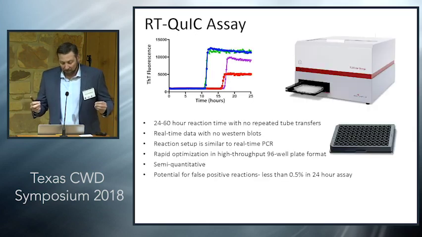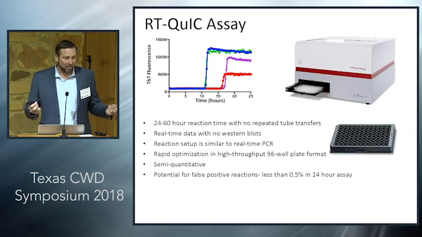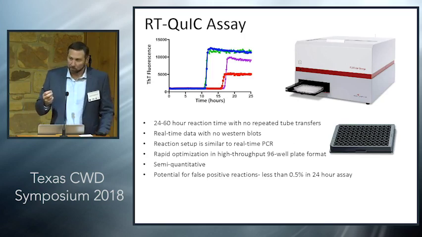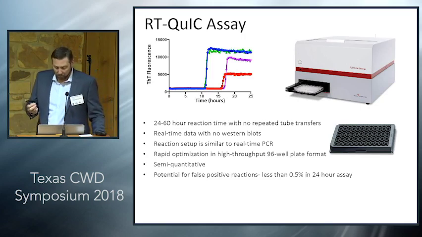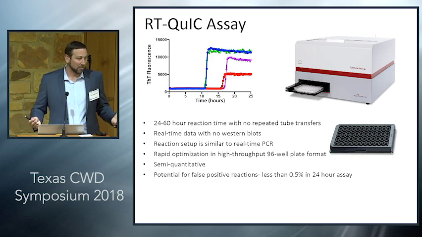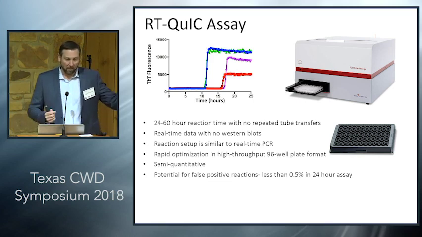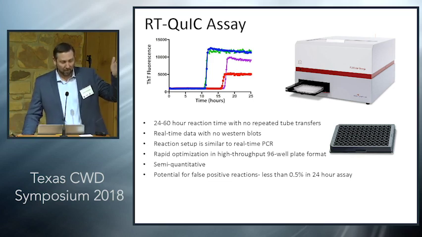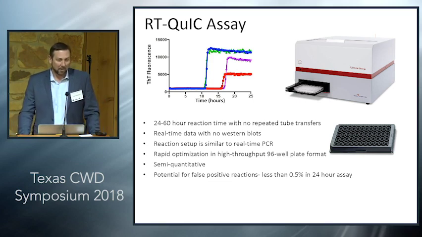The replication and amplification is similar, where the fragmentation is important. However, instead of a Western blot readout, we use a fluorescent dye called thioflavin T, which fluoresces when bound to the amyloid filaments. This makes it a real-time fluorescence assay where we can go from zero fluorescence to a high level of fluorescence, which indicates that the reaction is positive.